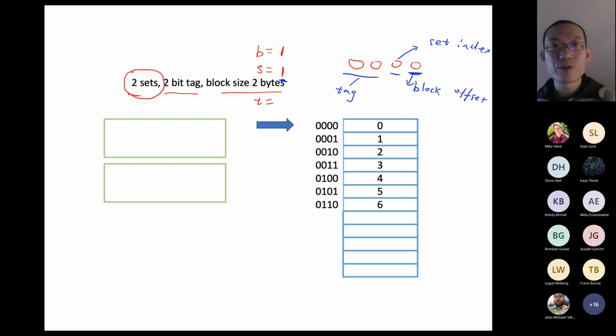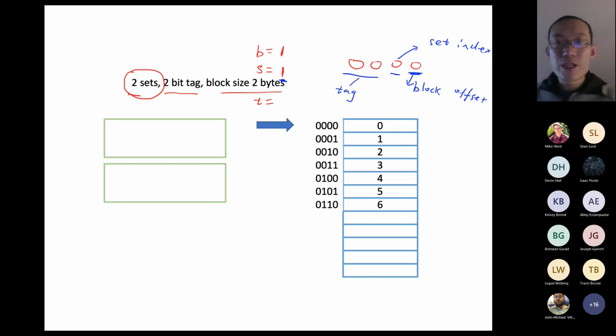We have 2 sets, so we need 1 bit to denote the set index. From the right to the left of this address, 1 bit is the block offset, the next 1 bit is the set index, and the remaining is the tag.